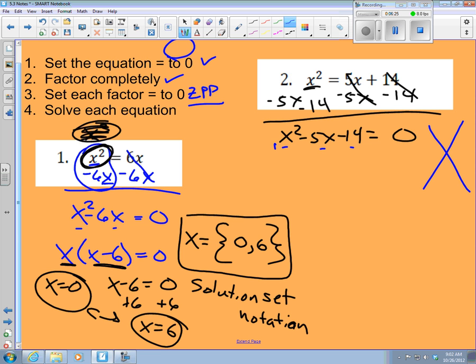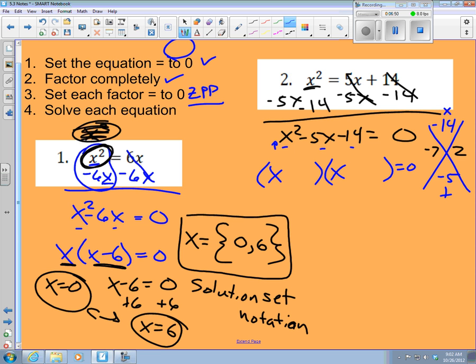Your a is just 1, so it's just x squared, so you can go right into your two binomials, x and x. I need factors of negative 14 that I multiply together that add up to negative 5. And these two factors are going to be, I think, negative 7 and positive 2.